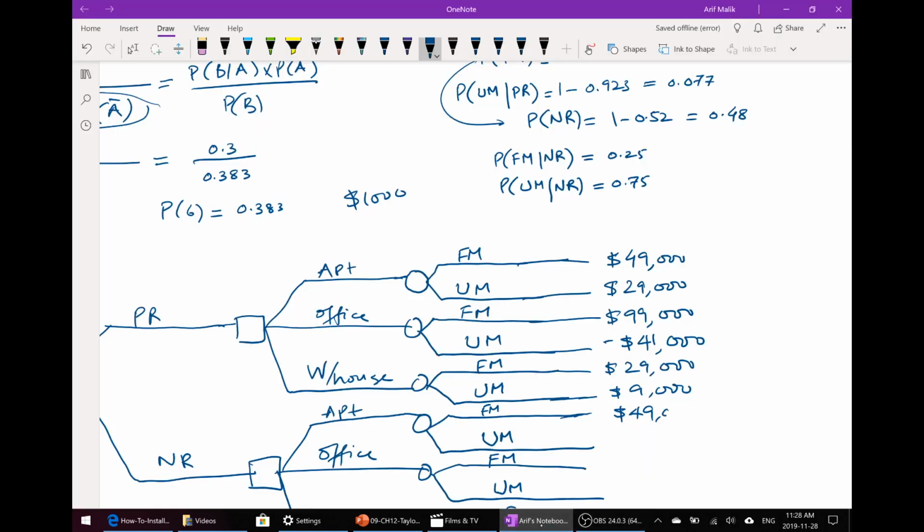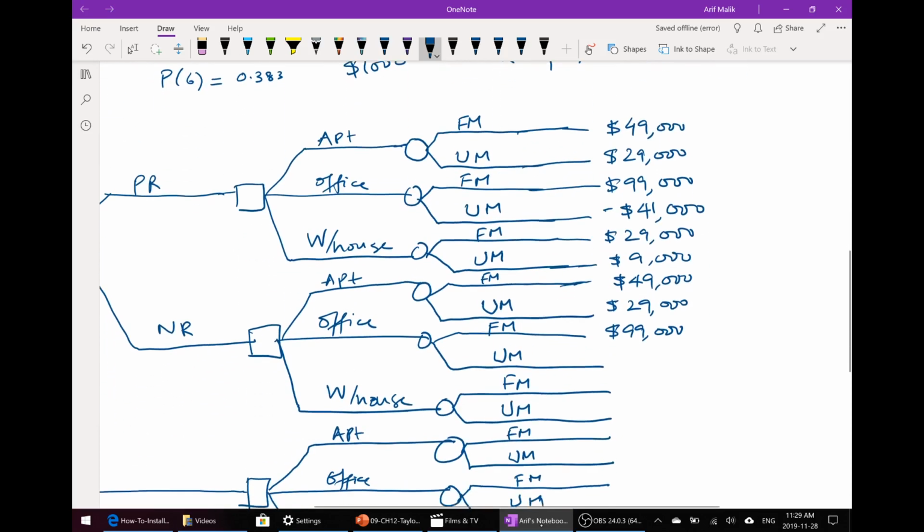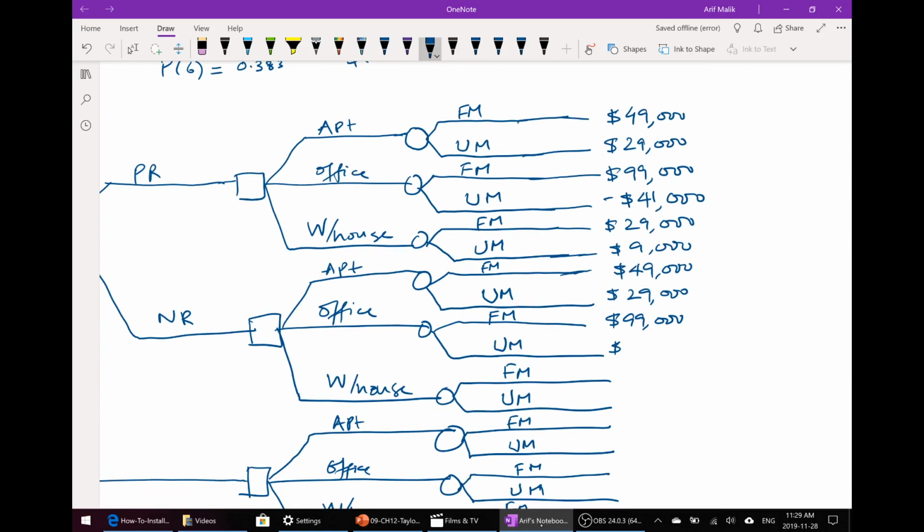So 49,000, and then we have $29,000, and here for office we have $99,000 and minus $41,000, and for warehouse we have $29,000 and, how much was that? 10,000, so 9,000, yeah.